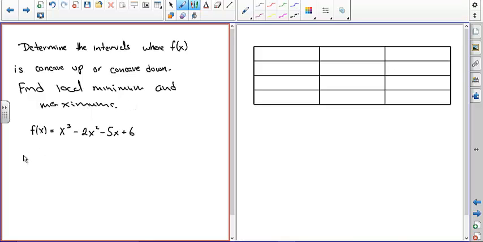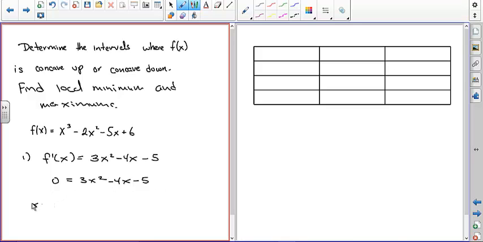Okay, so what we're going to do first is take the first derivative. So we get 3x squared minus 4x minus 5. Again, that doesn't look like something I could factor easily, so I'm going to find the critical numbers by setting this equal to 0 and using the quadratic formula to figure out the values of x where this goes to 0.